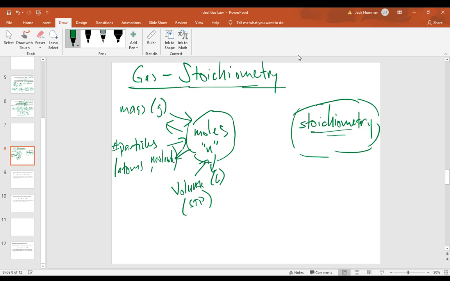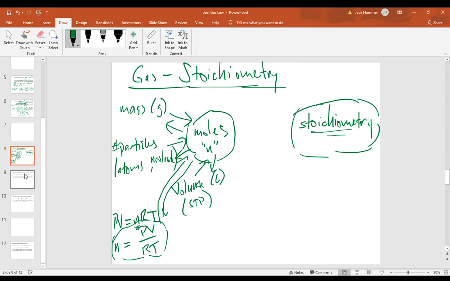So there are all these entry points into the mole, and then finally there's the ideal gas law, which we've just learned. If you solve the ideal gas law for n, which is moles, then that's PV over RT. And this little gem will allow you to go back and forth. So don't forget these basic skills.